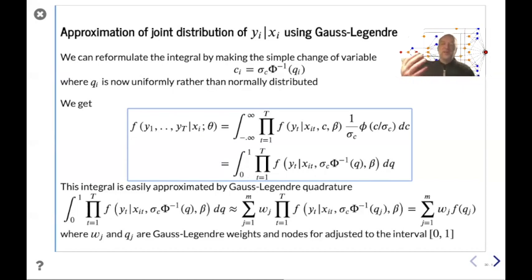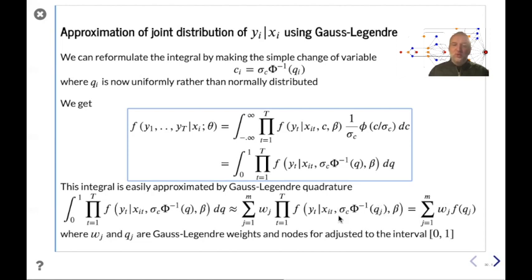And what is this? This is exactly in the form we wanted for Gauss-Legendre, right? You have a function of some random variable that is integrated on a bounded interval, from 0 to 1. So this is our A to B interval. Then you basically take this function and approximate it with Gauss-Legendre quadrature. So you can rewrite this simply as a weighted sum of those function values evaluated at the quadrature nodes.